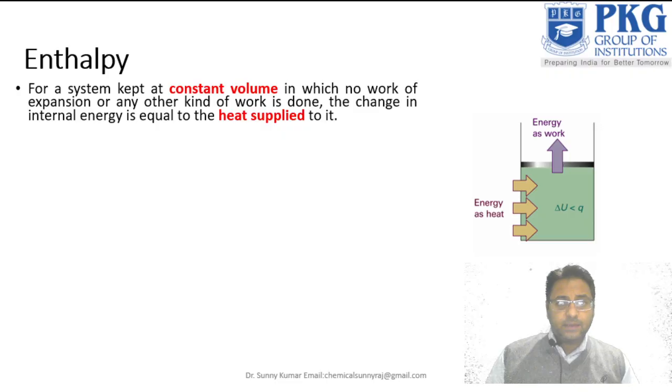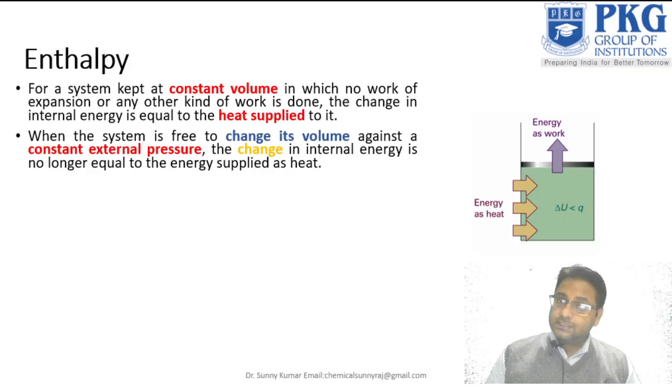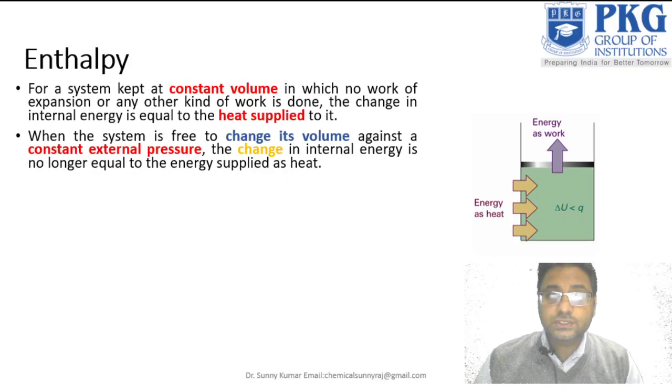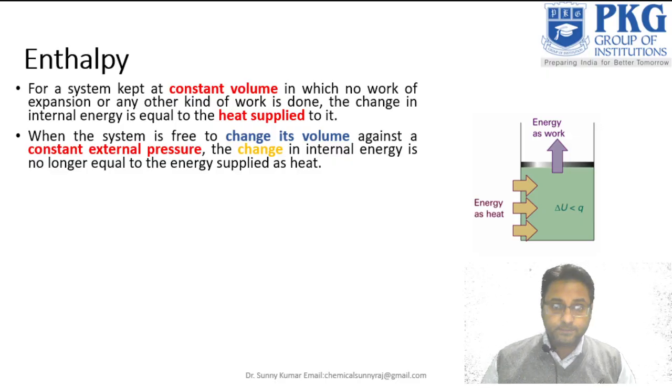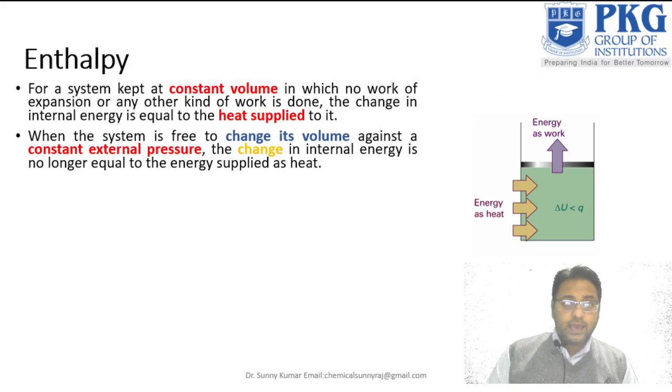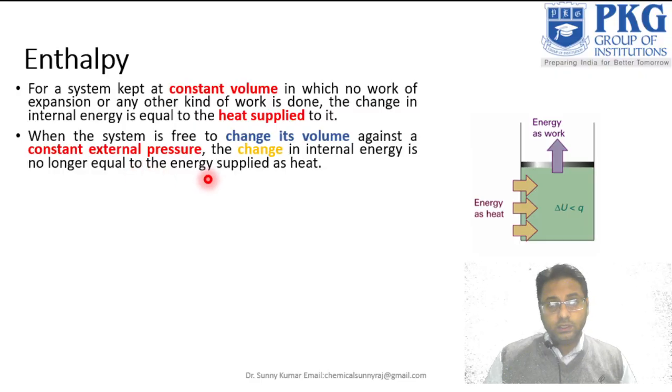For a system kept at constant volume in which no work of expansion or any other kind of work is done, the change in internal energy is equal to the heat supplied to it. When the system is free to change its volume at a constant external pressure, the change in internal energy is no longer equal to the energy supplied as heat.